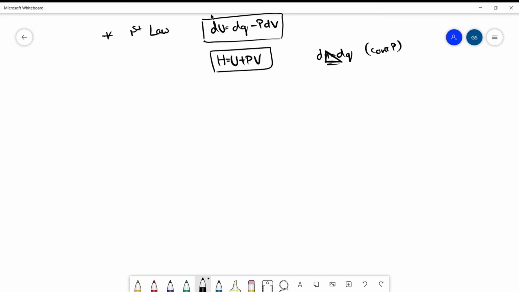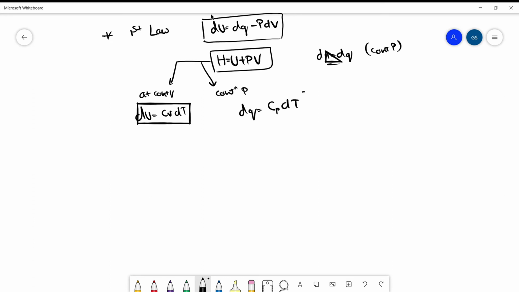Then, just manipulating this twice, we got at constant volume dQ equals Cv dT, and at constant pressure dQ equals Cp dT.